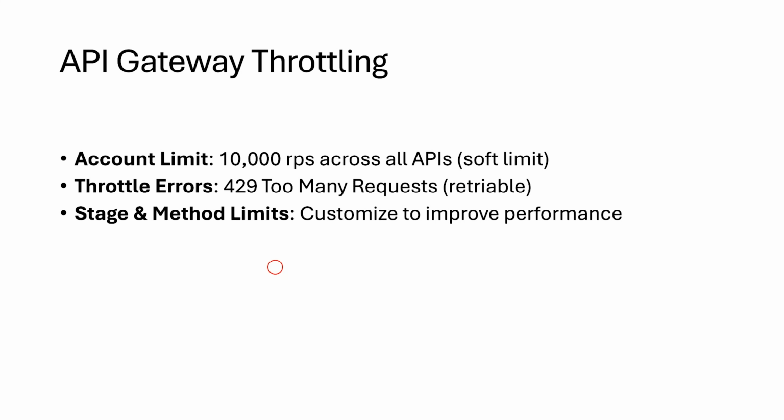But if only one stage or one API is getting 10,000 requests per second, the other APIs won't work, or if only one client is accessing it, other clients are unable to access the same API. So you need to set these limits in order to serve your API to a wide number of customers or clients.